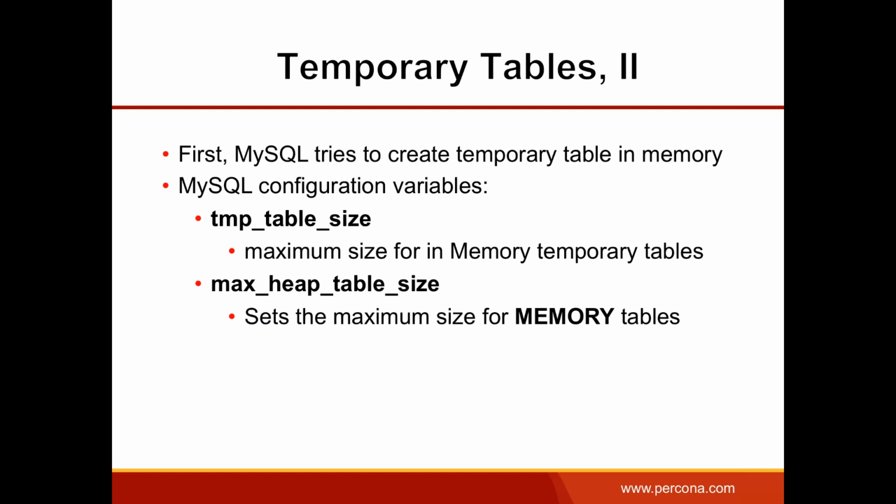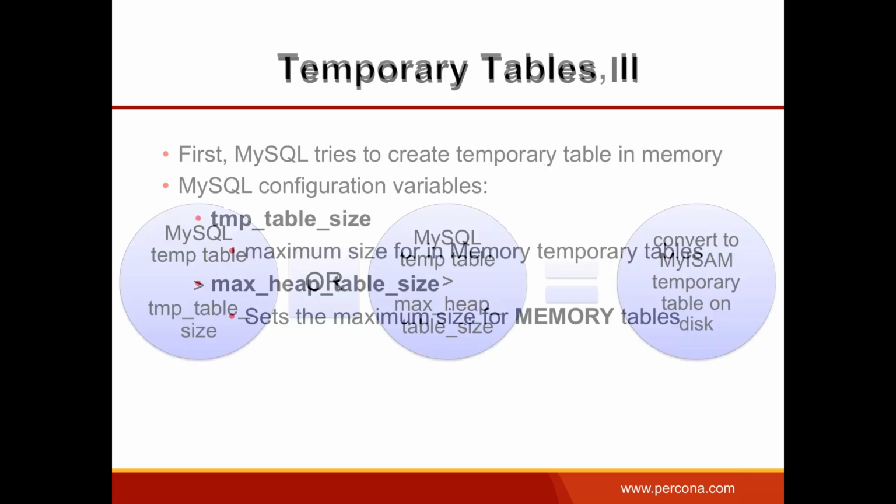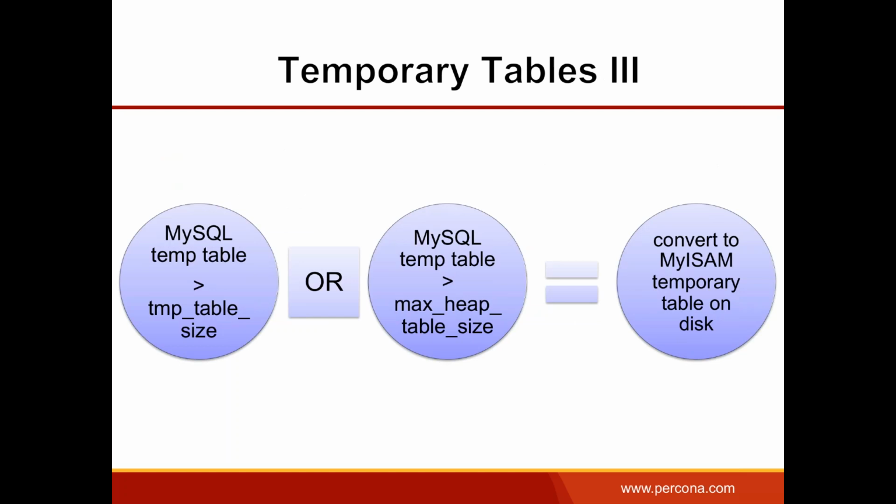MySQL supports the memory engine. So if the temporary table that needs to be created will grow larger than the tmp_table_size or max_heap_table_size, MySQL will convert it to a MyISAM temporary table on disk. It will do it by itself.